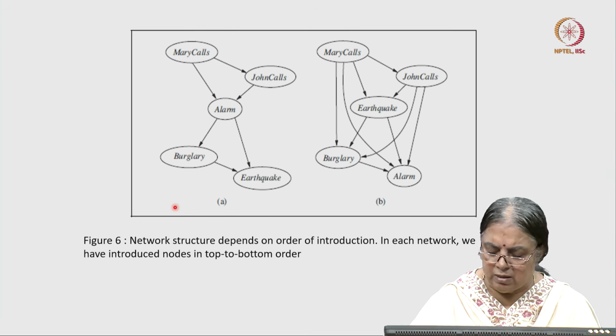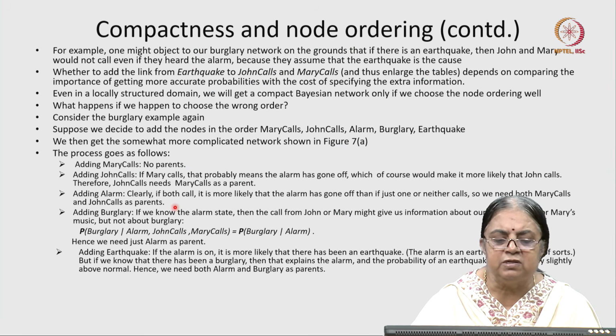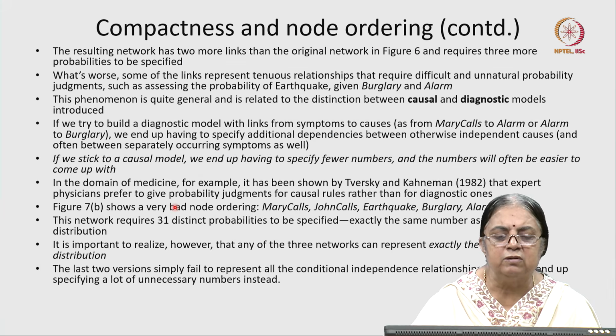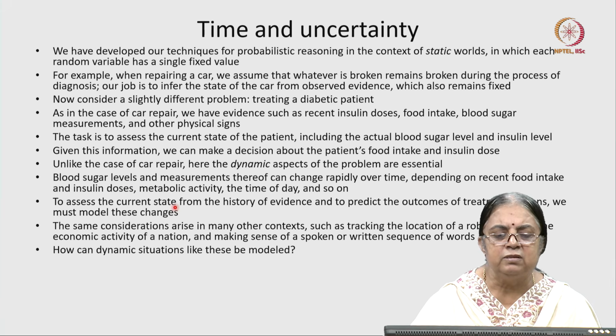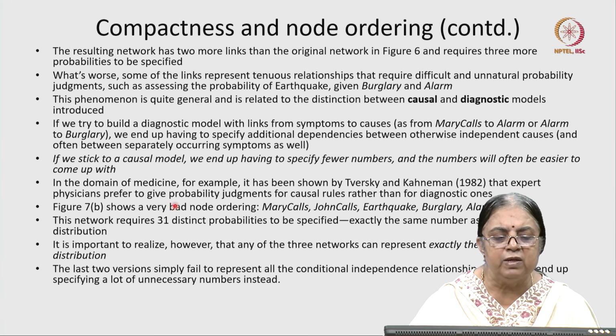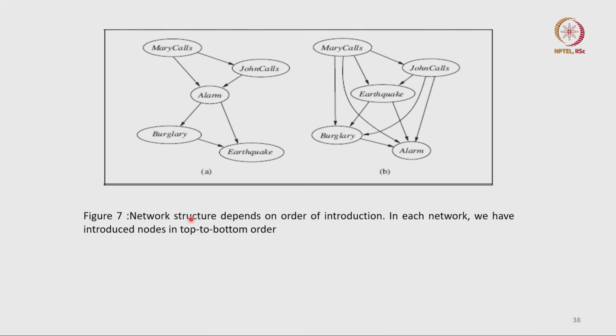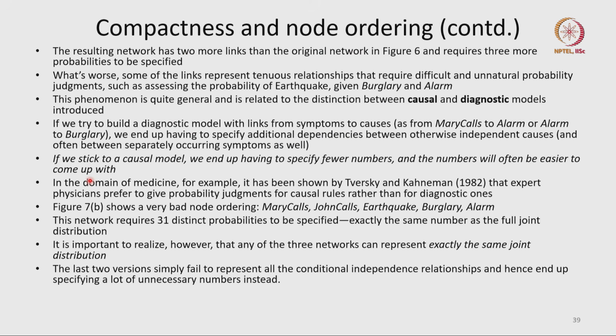And the worst that you can get is if we put it in this order: Mary calls, John calls, earthquake, burglary and alarm. You are going to get this very complicated Bayesian network. So, the ordering of the nodes actually makes a difference.